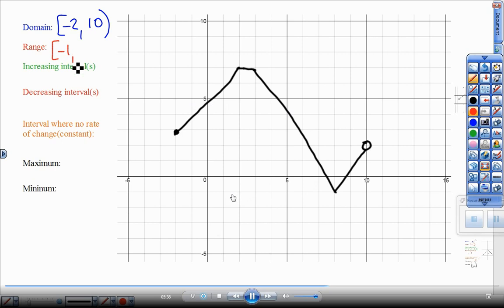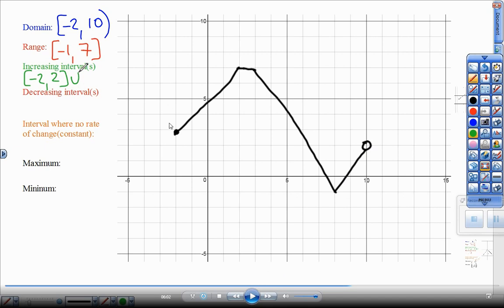Range is measured from bottom to top, where my y numbers are going. So my y numbers, the bottom boundary going through the y-axis from -1 up here to 7, square bracket, because that's not open, square bracket, because that's not open. For my domain, square bracket closed, left to right, open, because that's an open circle, rounded.